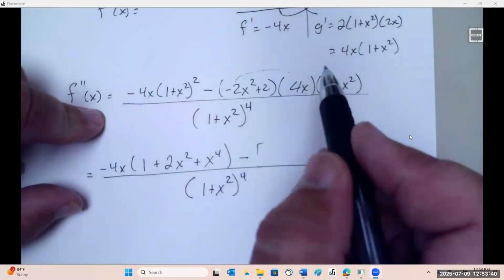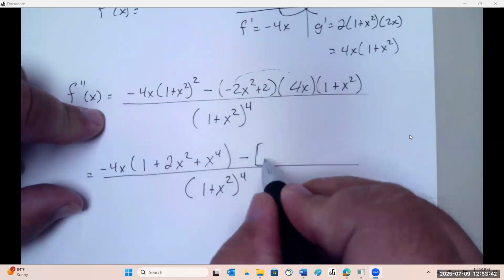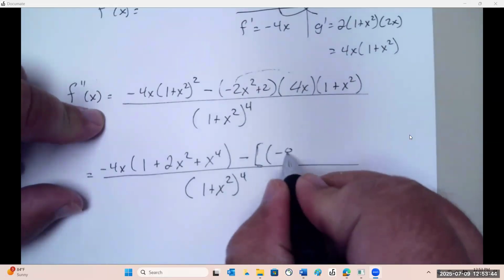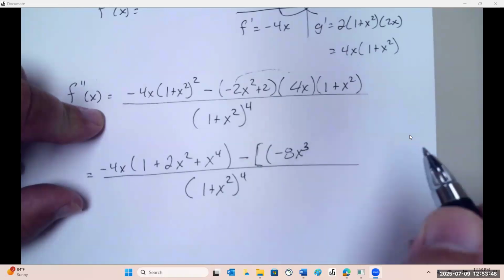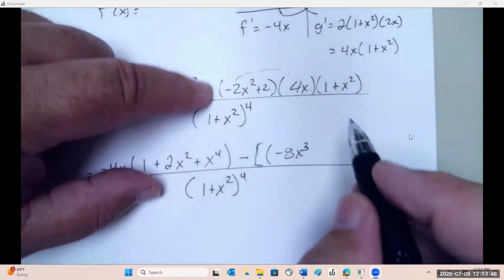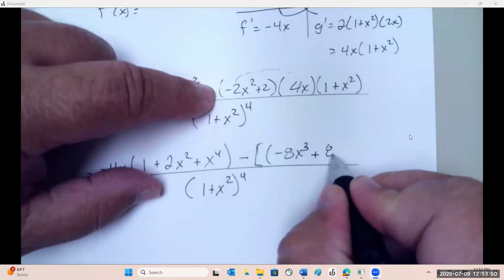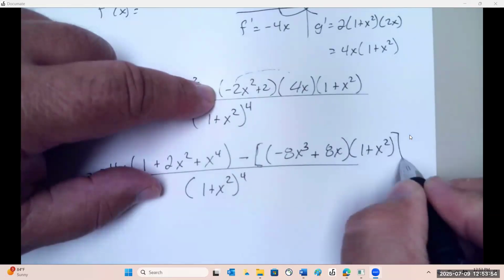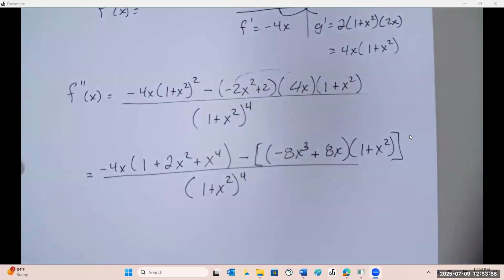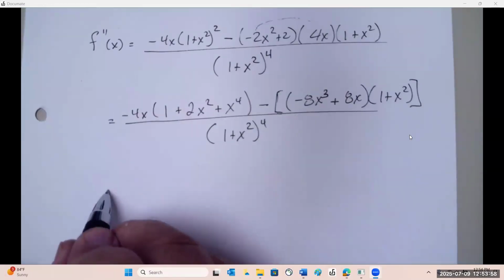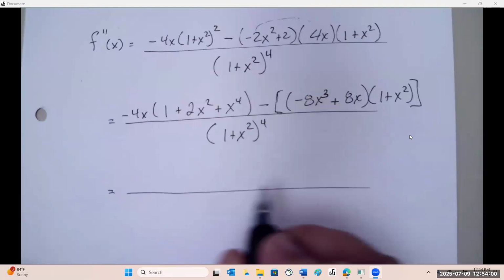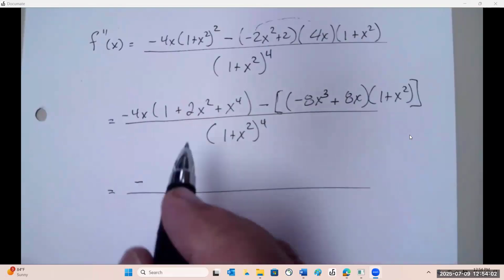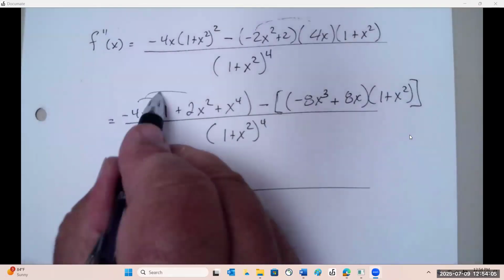Negative 2x squared times 4x is negative 8x cubed, plus 8x. Distribute this negative 4x inside there.